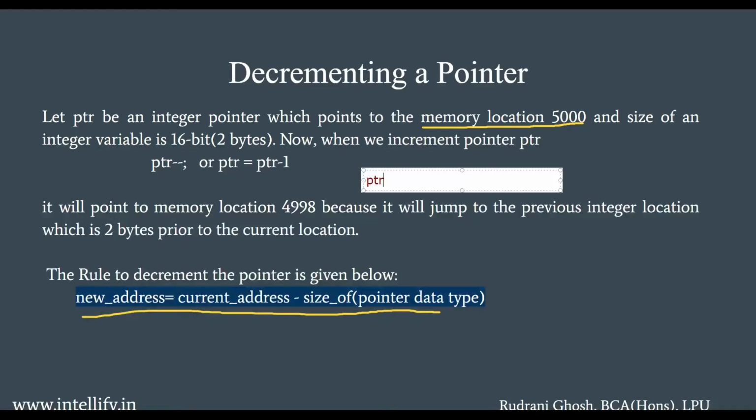So PTR minus minus means the base address, that is 5000, minus the size of the data type of the pointer, that is 2. So what is the previous address? The previous address is 4998. So when we decrement the pointer, we get the value 4998 in case of an integer. Had this been a character array, then it would have been 4999.